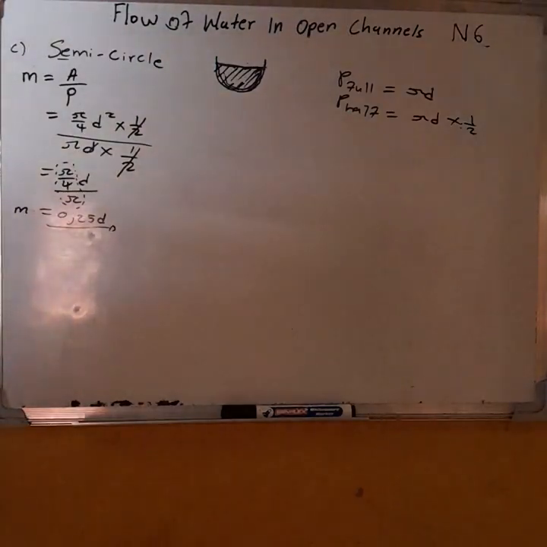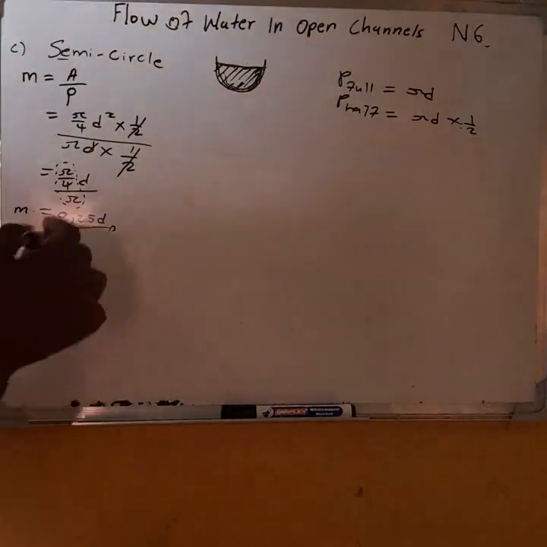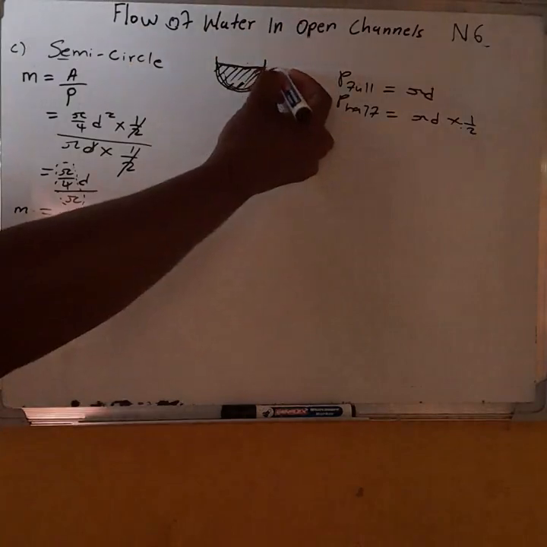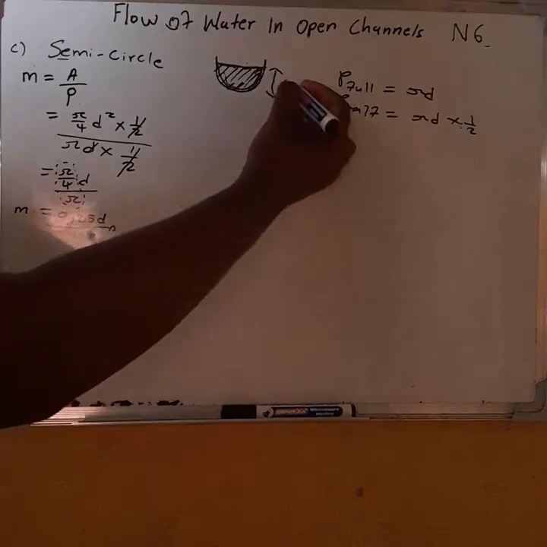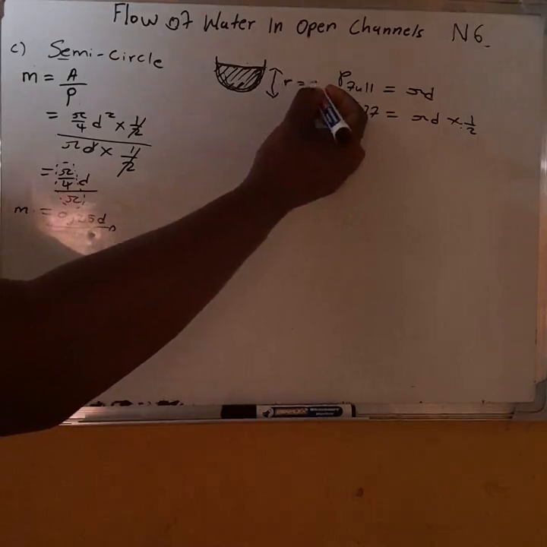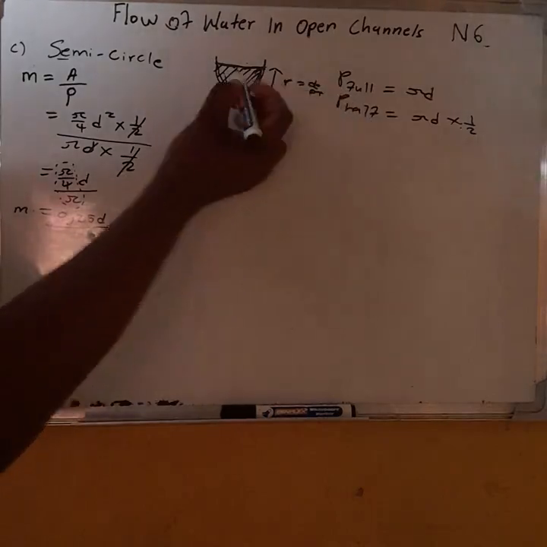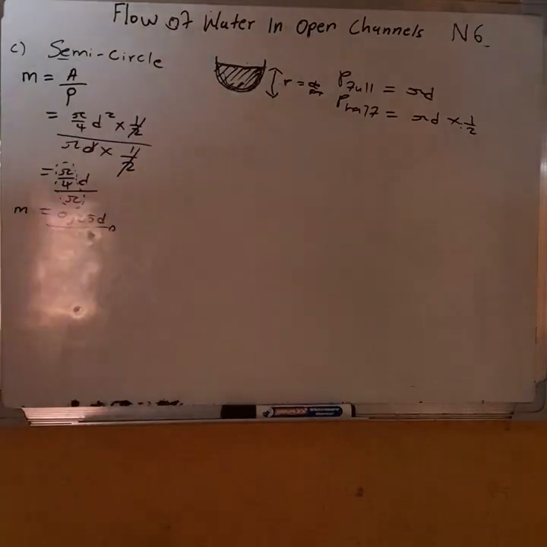We're done with that. Now if you check here, the depth cannot be d, it must be the radius. Remember it is half, that means the depth is the radius.